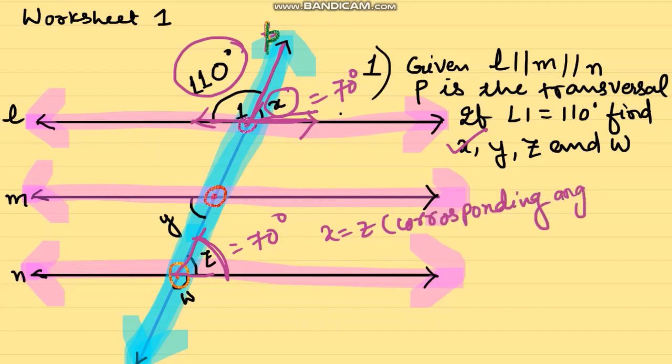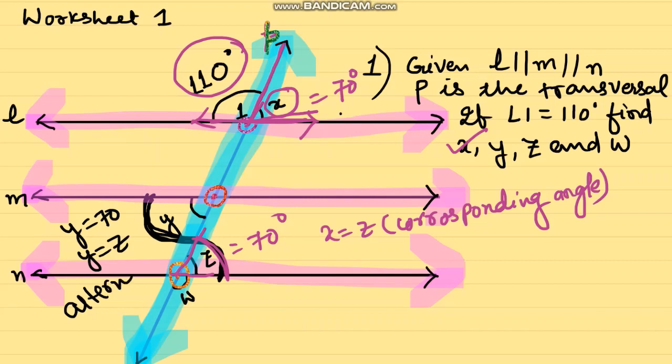You have taken out the value of x by linear pair and now x and z are corresponding angles, so x is equal to z. Now again, if you see properly, y and z, both of them are forming alternate interior angles. So y is also equal to 70 because y is equal to z and they are alternate interior angles.